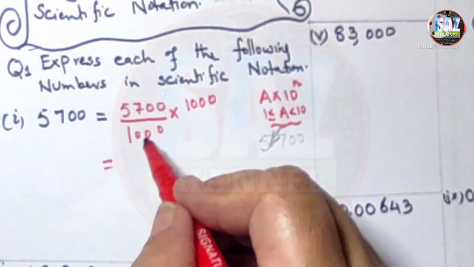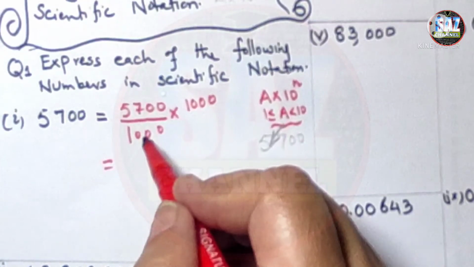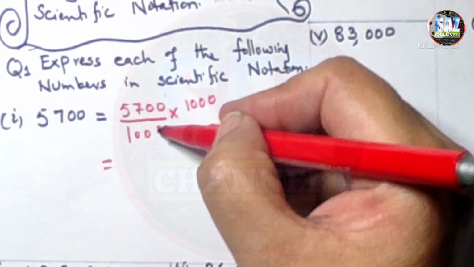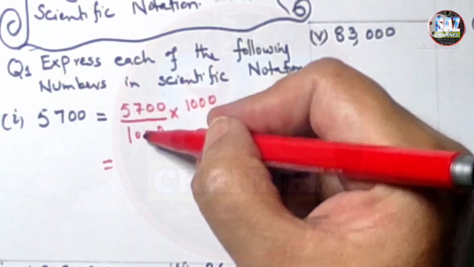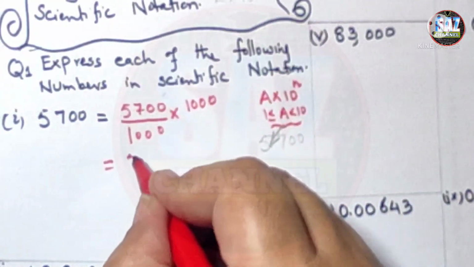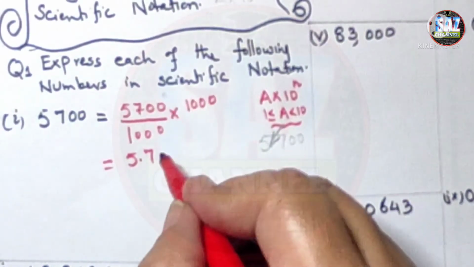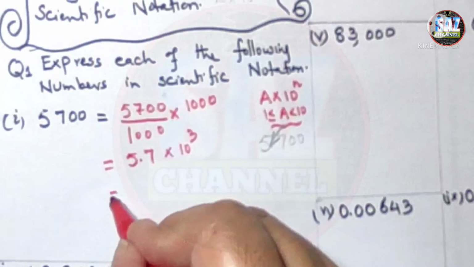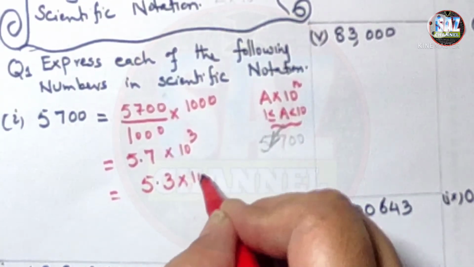The 1000 which is in the denominator will be used in turning this 5,700 into decimal form, and we know the rule of decimal: here we have 0, here we have 0, here we have 7, so the decimal will come after 5, 5.7, and how many zeros are there? 3, so 10 raised to the power of 3. So the scientific notation for this number is 5.7 multiplied by 10 raised to the power of 3.